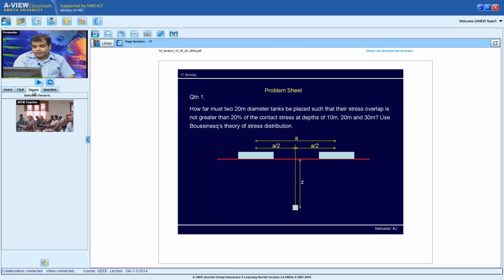But you have a logic there, because the IS code says that, based on what kind of soil you have, there is variation in the stress distribution, the angle of dispersion. It recommends whether you take 30 degree, 45 degree or 60 degree. So I would say please refer to those particular distribution curves.